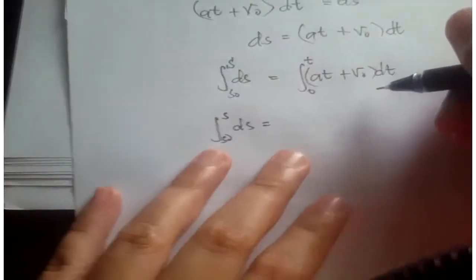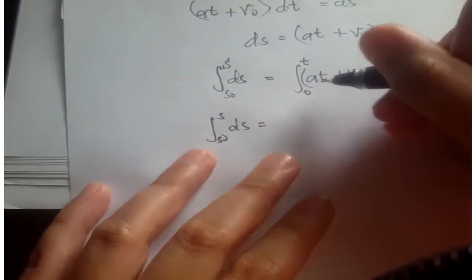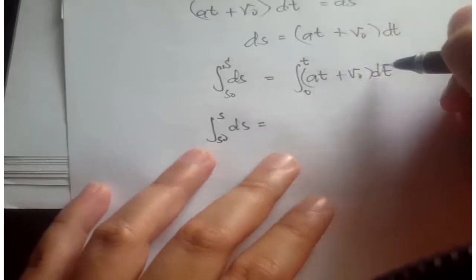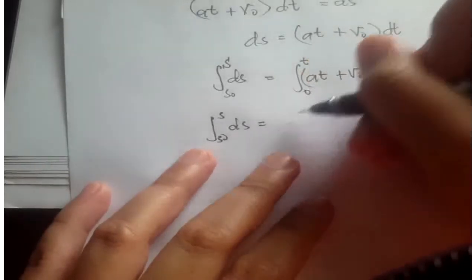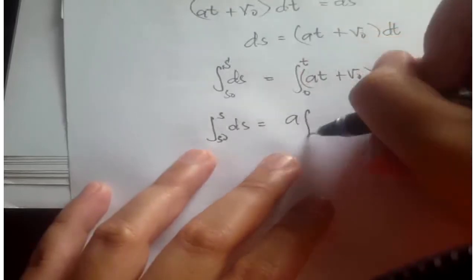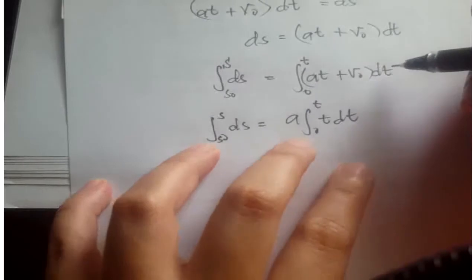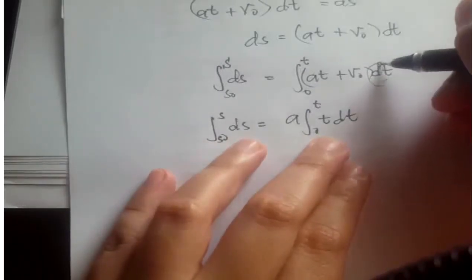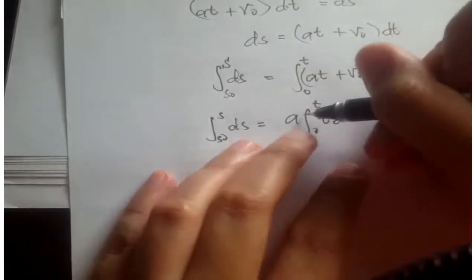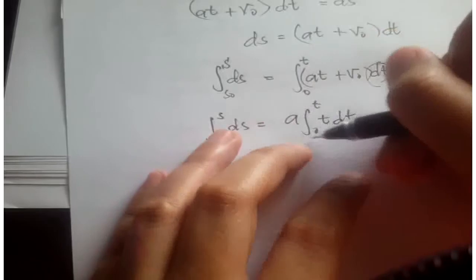Before integrating this, you can also do the algebra and distribute the dt. So we have the integral from 0 to t of a t dt, but since a is constant, we can write it outside the integral sign.